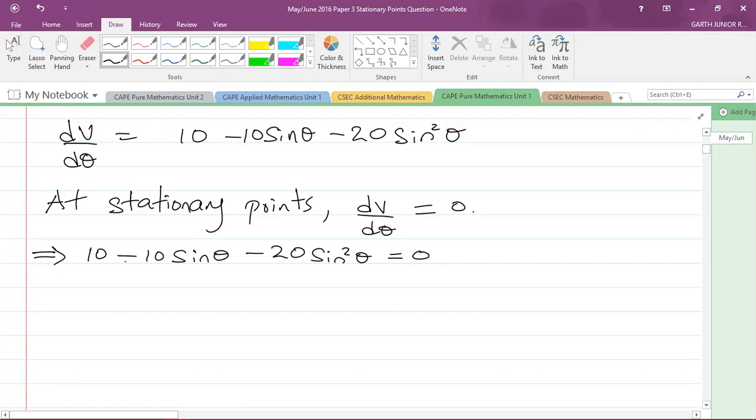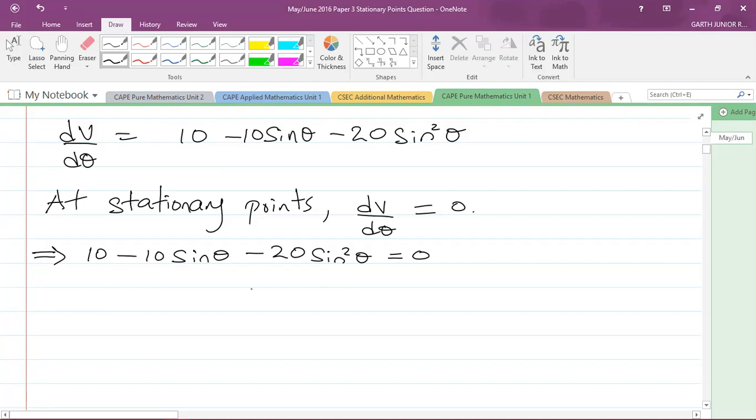Okay, now immediately I recognize that 10 is a common factor, okay? And I want the coefficient of the sine squared theta to be a positive number, okay? So what I'm going to do is to divide the equation by negative 10. I'm going to divide the left-hand side by negative 10, and I'm going to divide the right-hand side of the equation by negative 10 also.